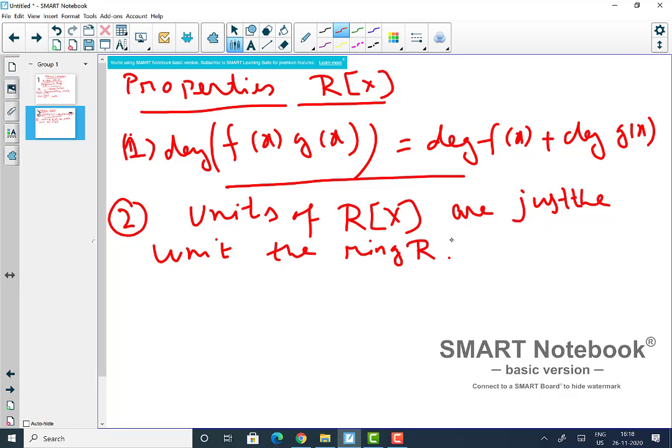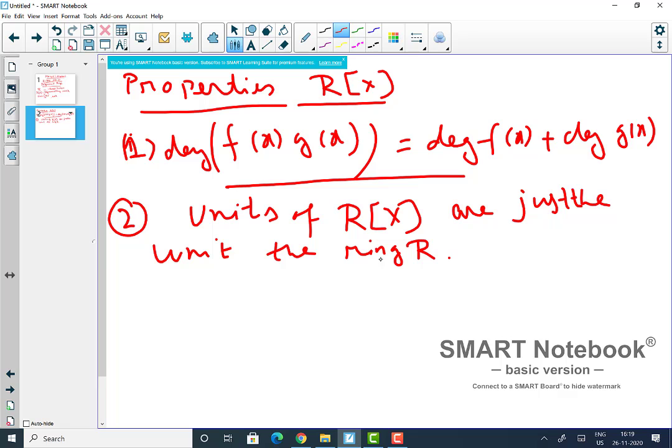That means inside R[x], you are not getting any extra invertible elements. Whatever is a unit inside R will be a unit there also. Okay, and this is a simple proof.